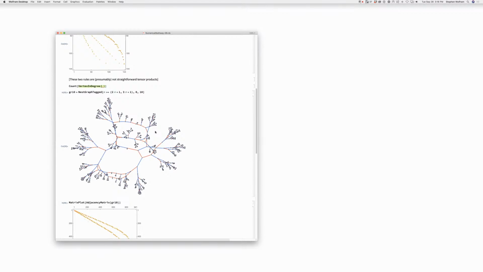This thing appears to be going way out of control. That's the in degree. That's the out degree. And then what we want to do, and maybe there's a more efficient way, is the nest graph.